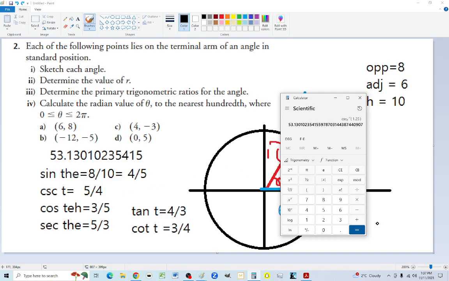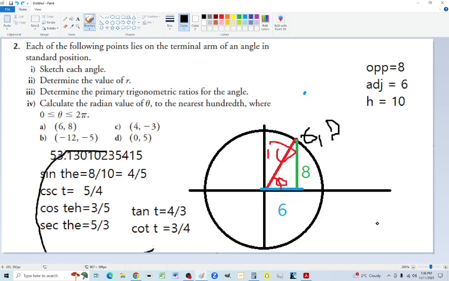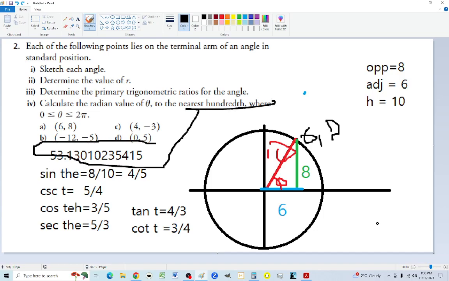If I go to cosine 3 over 5 and hit the arc cosine, I will get the same value. It doesn't matter which one you use, they all reveal 53.13, and since we're going to the nearest hundredth, we just cut off here.